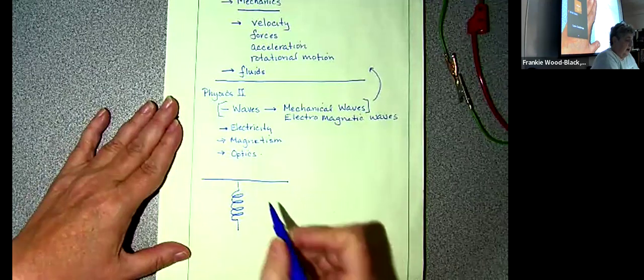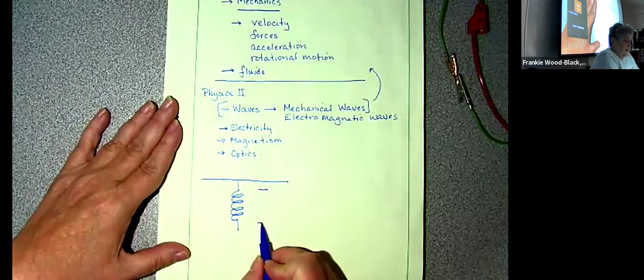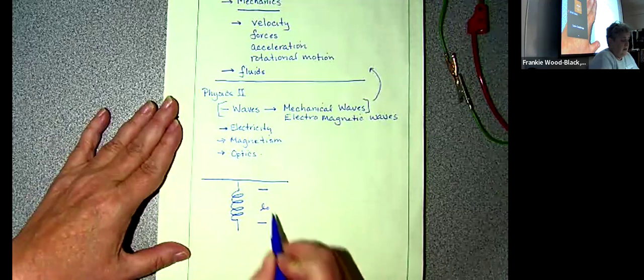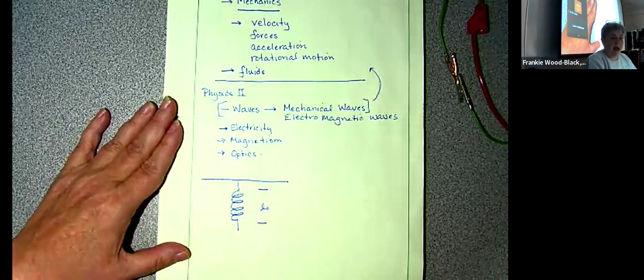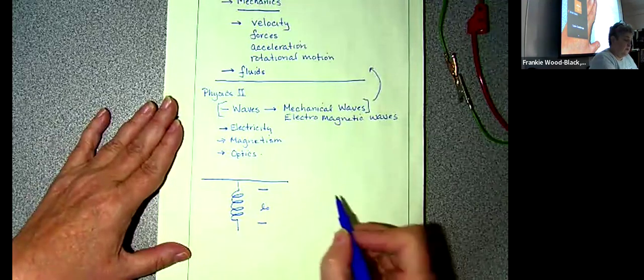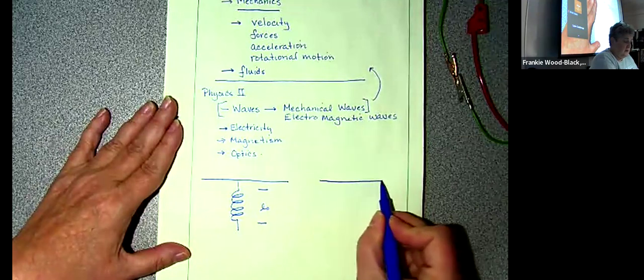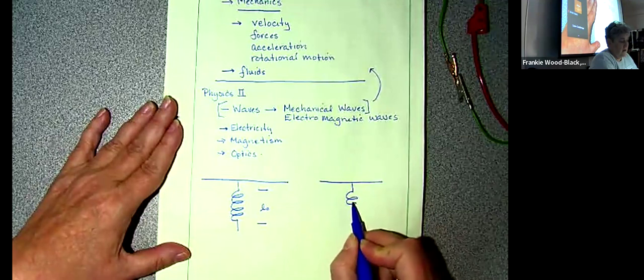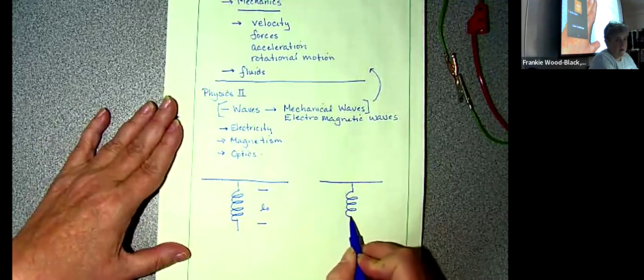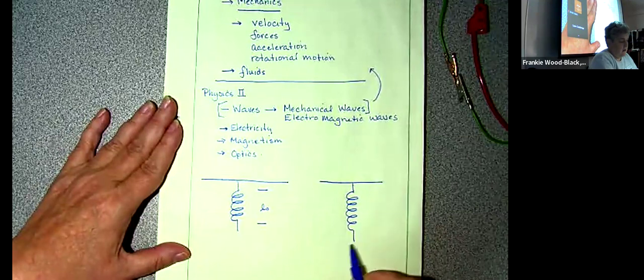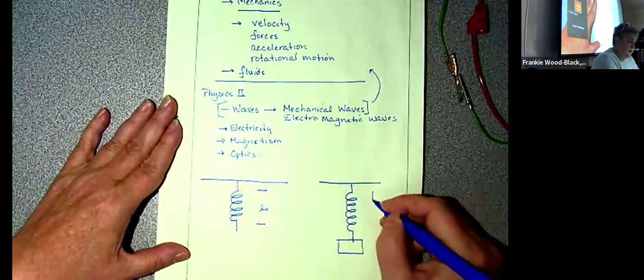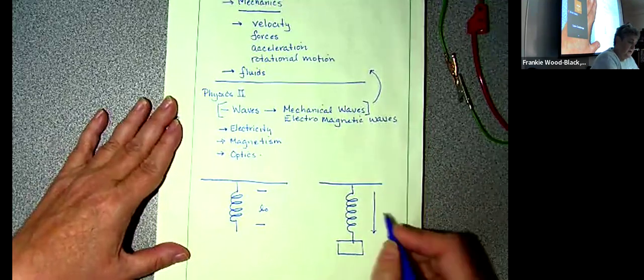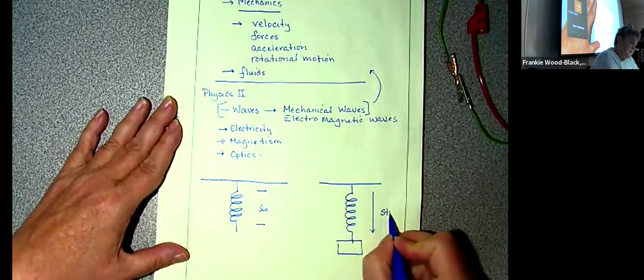And we have a spring, and our initial spring length was L0. And we know what happens when we put a weight on the spring. The spring will stretch. We'll get a stretch.